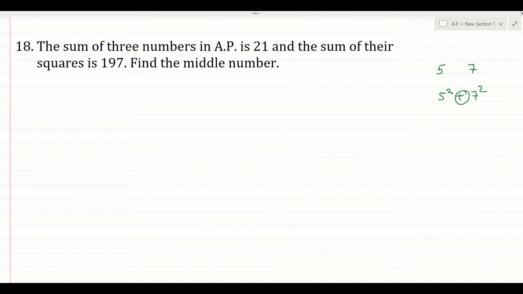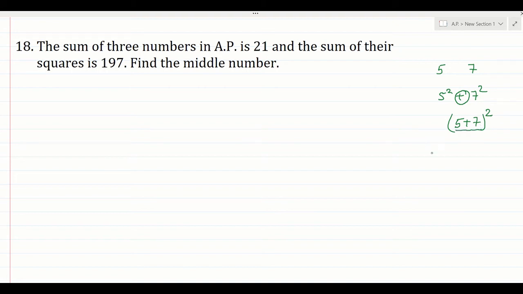But the square of the sum of 5 and 7 means 5 plus 7 whole square.